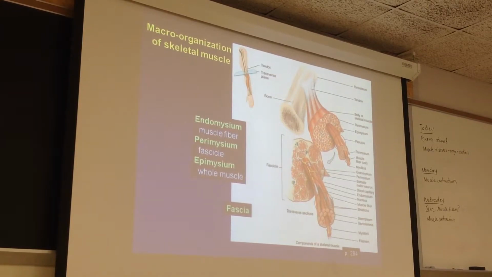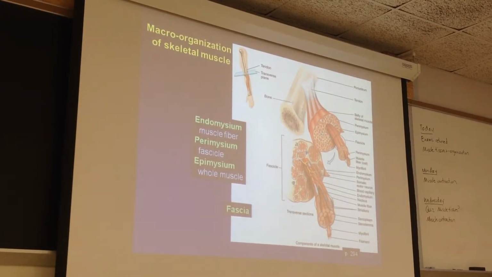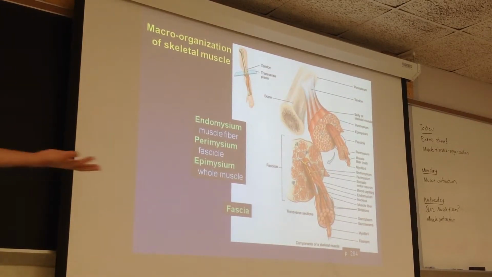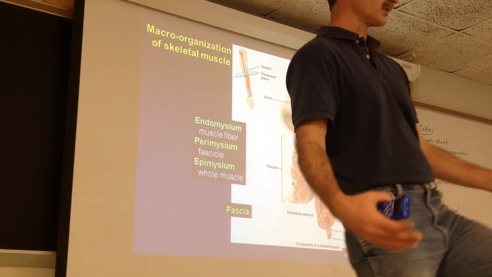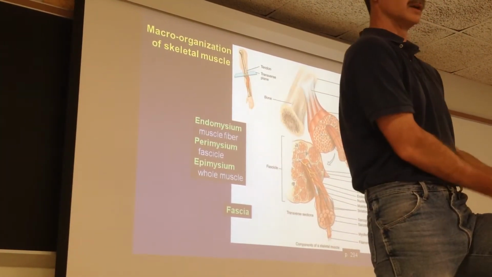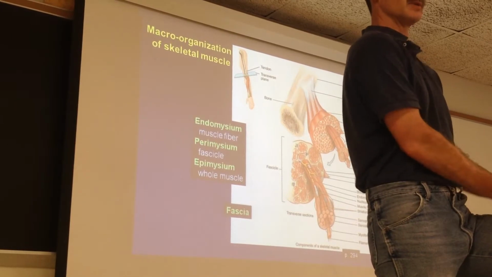Okay, moving on from that. Any questions? So is the fascia outside of the epimysium? Yes, it's further outside of that. It often binds several muscle groups together. So, for example, in your thigh area where the quadricep muscles are, you have a number of individual muscles. Each one of them is surrounded by epimysium.